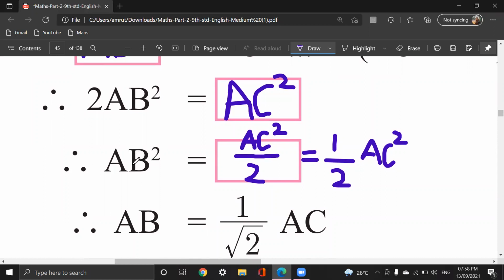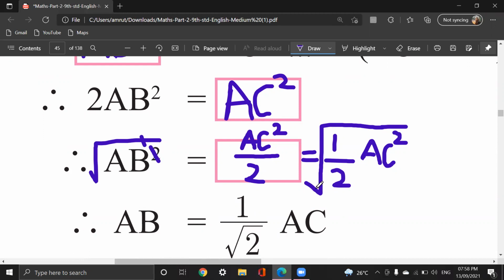So what we have to do, we have AB square. To get AB from AB square, what do we have to do? We have to take square root on both the sides. So this side also I'll take square root, and this side also I'll take square root. Always, students, square and square root cancel. So what term will remain?